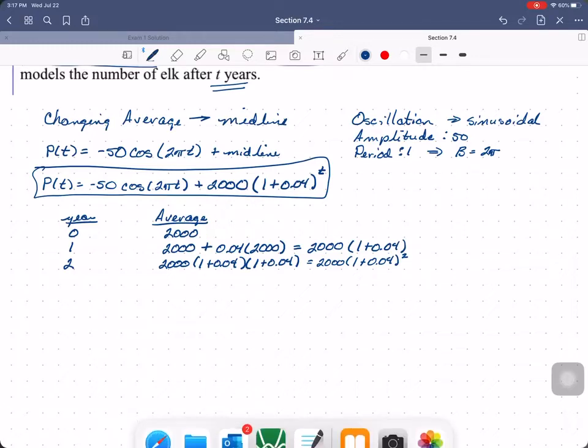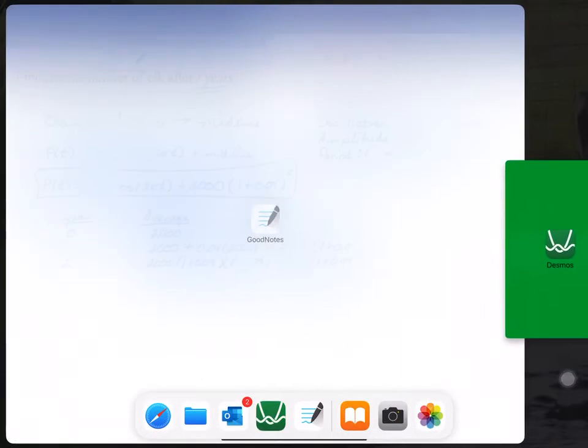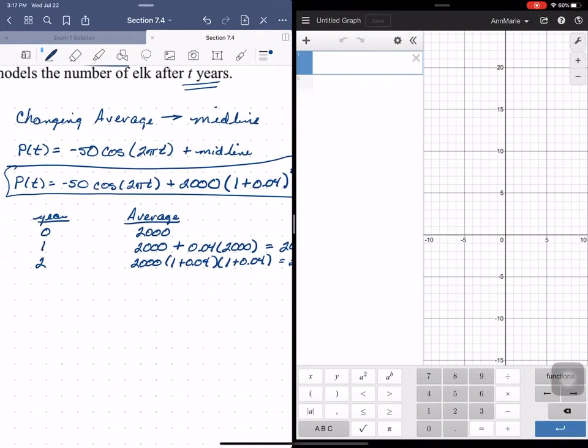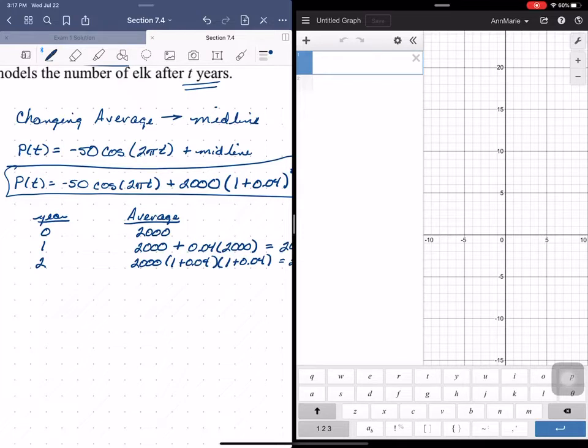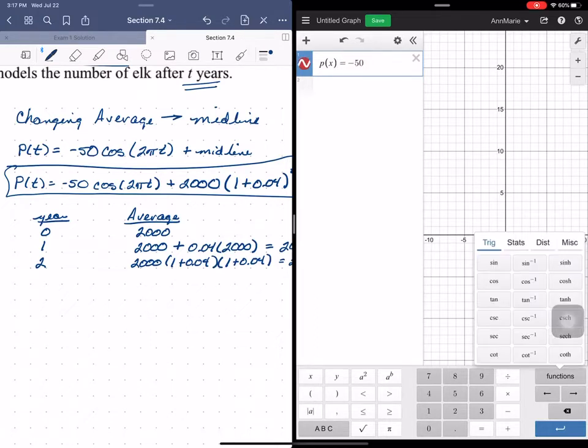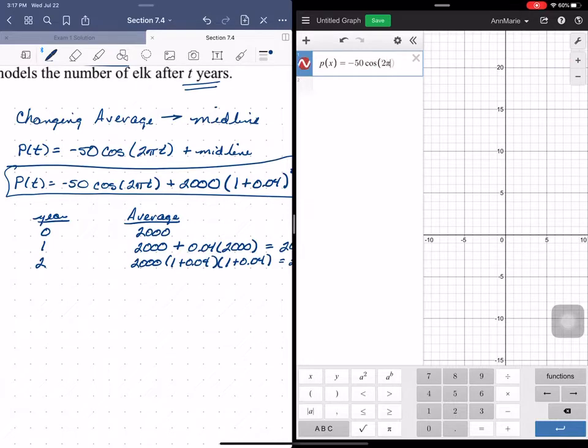Now let's take a look at what this looks like. All right, so we're going to graph this guy. So P of x equals negative 50 times the cosine of 2 pi x.